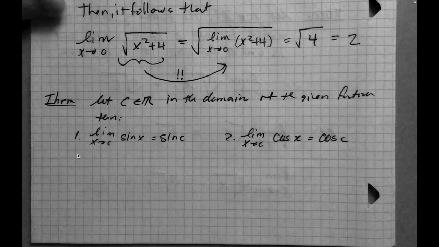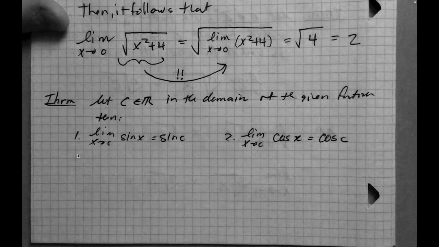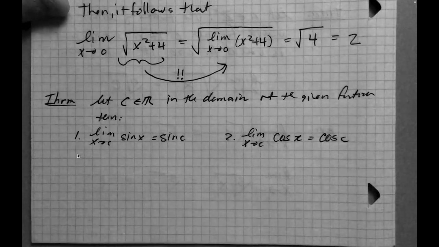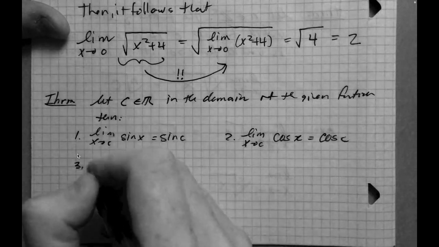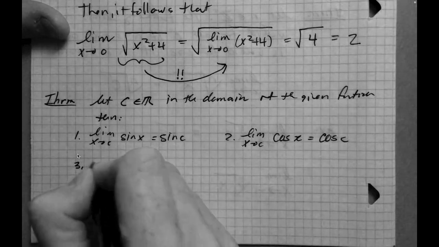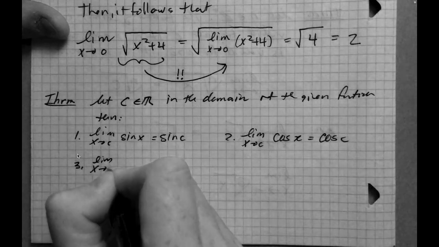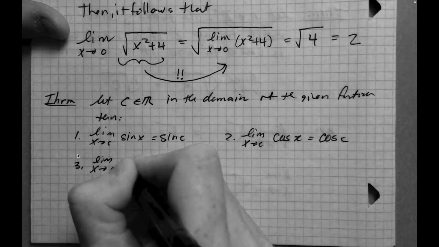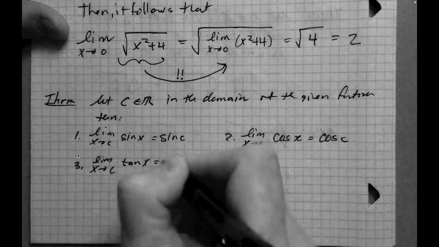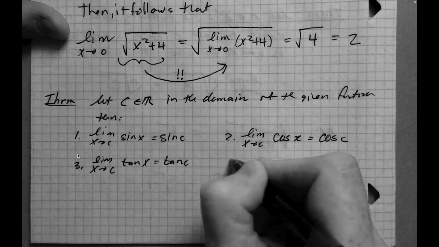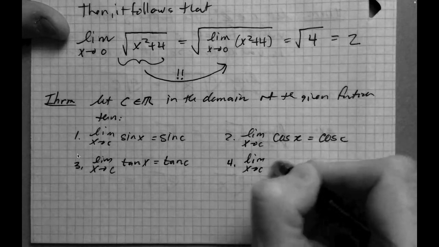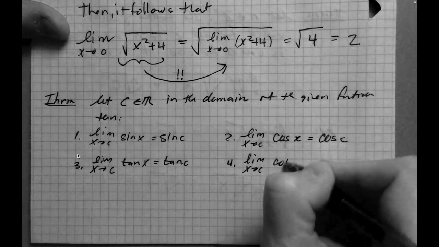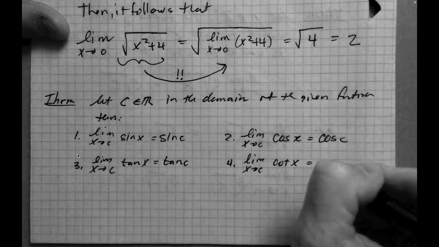Okay, so that's nice. So the cosine and sine, it's true for the tangent, cotangent, secant, and cosecant as well. So in the interest of thoroughness, I'm gonna write them all out. The limit as x approaches c of the tangent of x is equal to the tangent of c. The limit as x approaches c of the cotangent of x is equal to the cotangent of c.